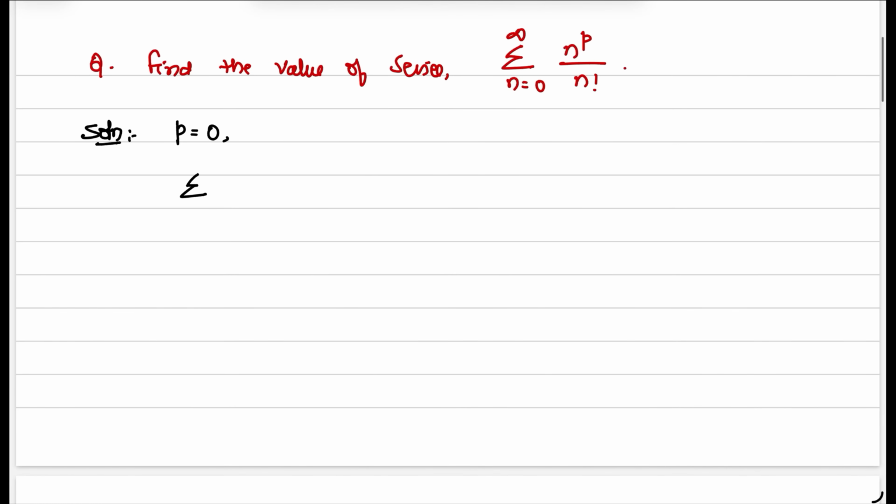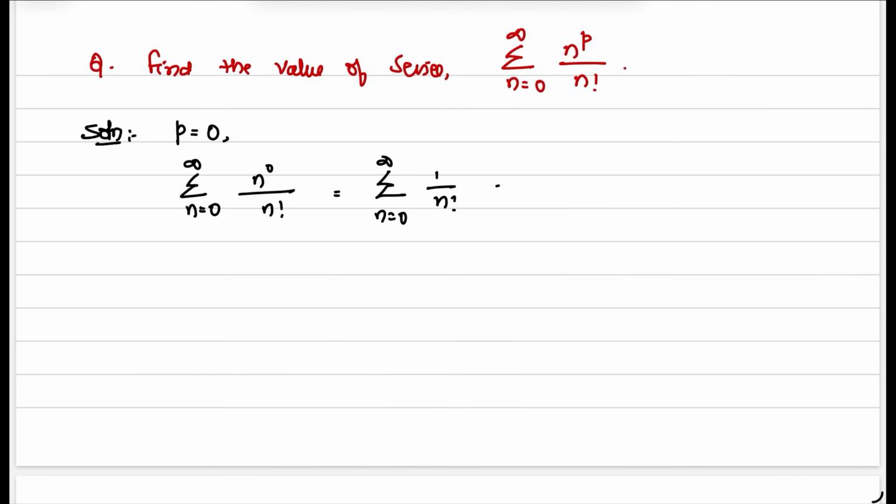The series will be sigma n is equal to 0 to infinity n to the power of 0 divided by factorial n, that is equal to sigma n is equal to 0 to infinity 1 by factorial n.